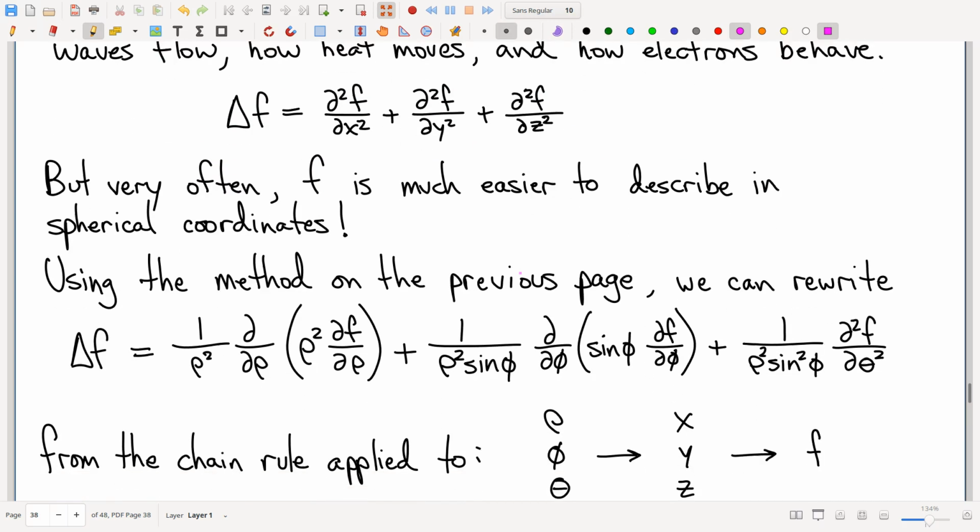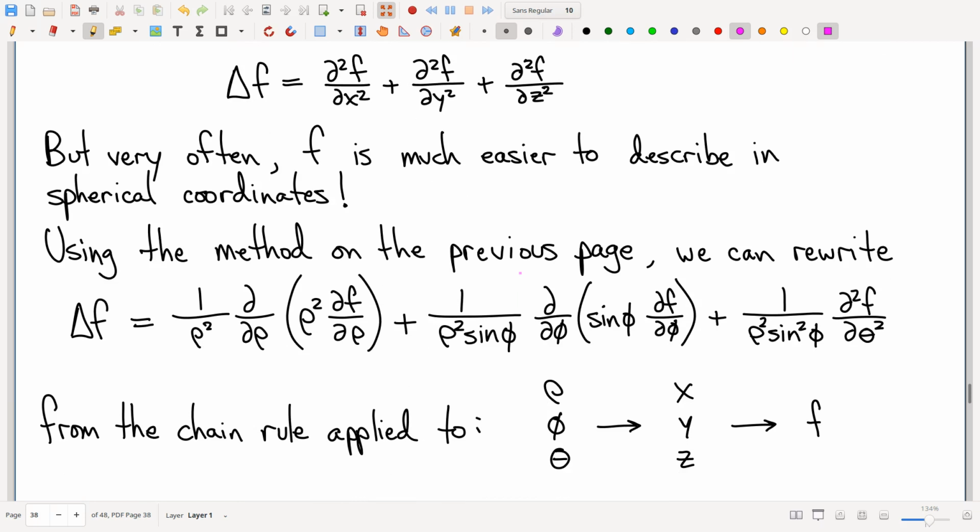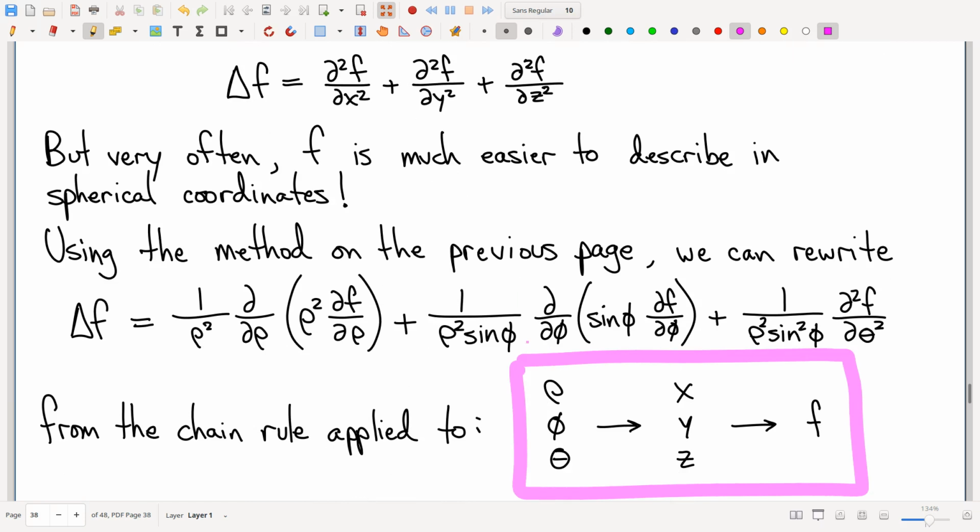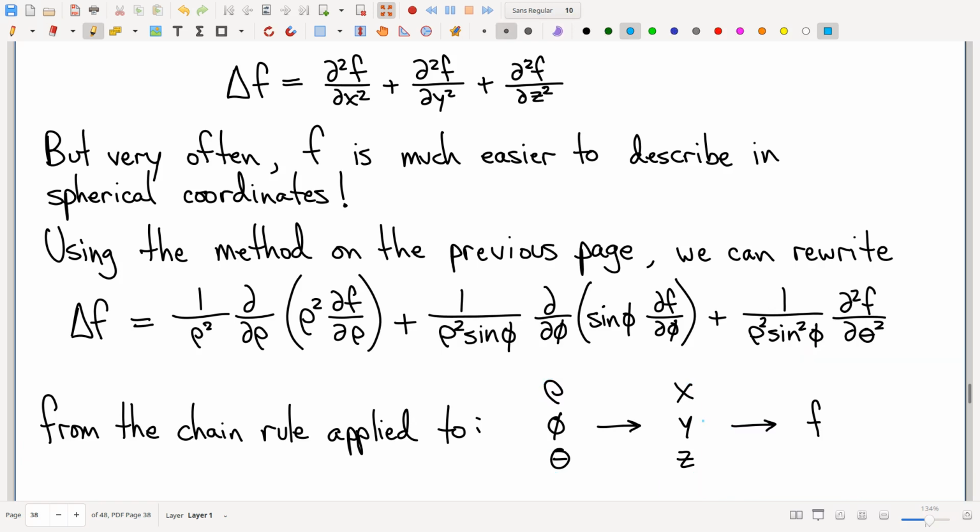It's very hard to see this coming, but it turns out that if you, just like we did on the previous page, take a function that was originally written in terms of x's, y's, and z's, and remind yourself that spherical coordinates means that x, y, and z are functions of rho, phi, and theta, and then start computing, for example, this second partial of f with respect to theta.